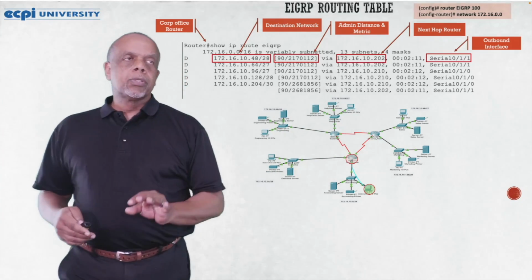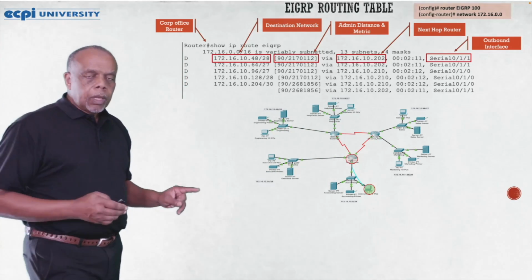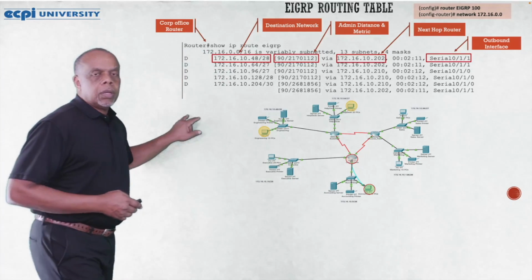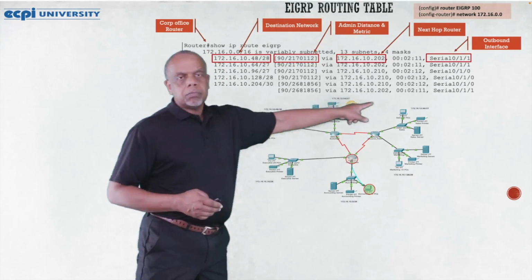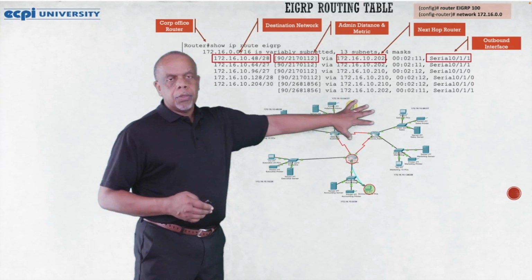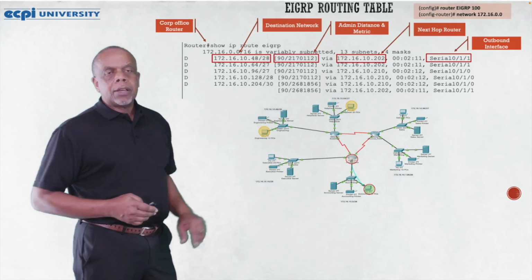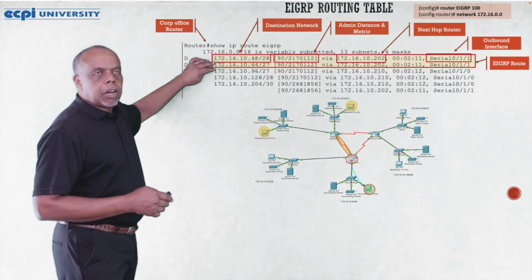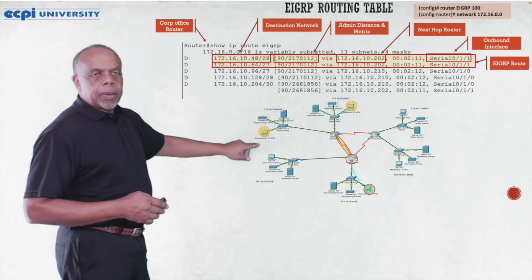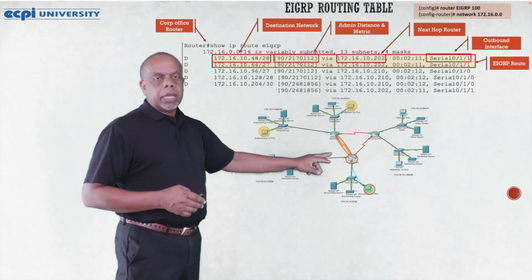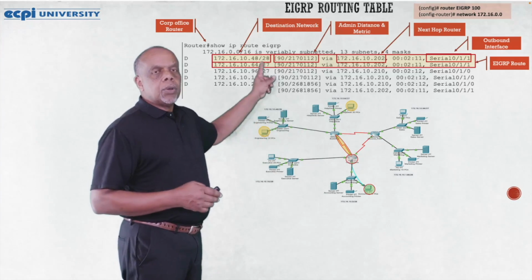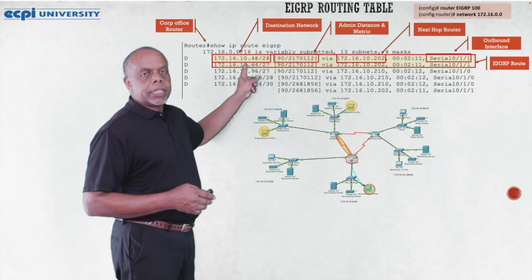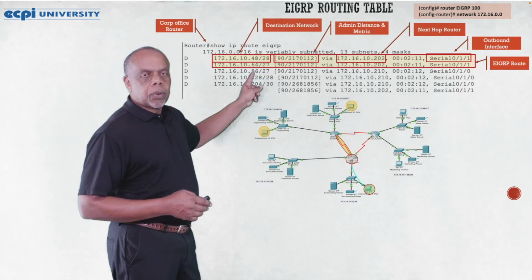So let's take a look at how this works. Let's say this computer right here wants to talk to either one of these two computers on these subnets. How is it going to get there? And these are EIGRP routes. So this computer hits this router. This router already knows it has two routes established to get to the .48 network and the .64 network.